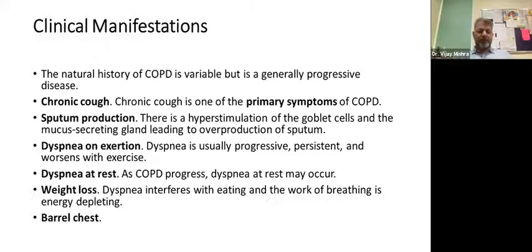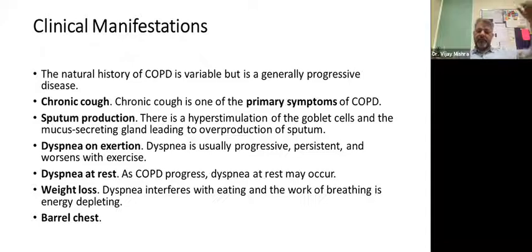So what are the clinical manifestations? Chronic cough is one of the primary symptoms of COPD. Sputum production, we know the mechanism of how it's produced, is another important standard clinical presentation. Dyspnea on exertion. You have a patient who says he does a little work and gets breathless, and you think of the heart as a cause, but it may not be.